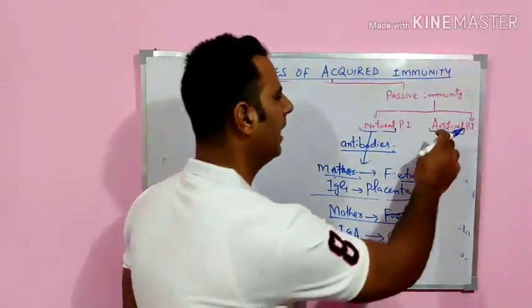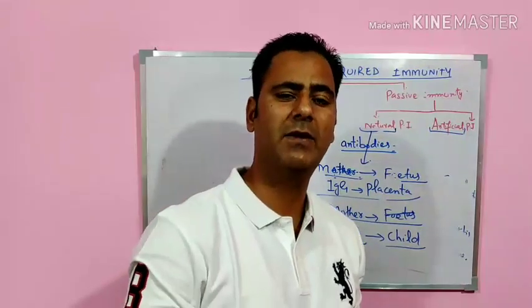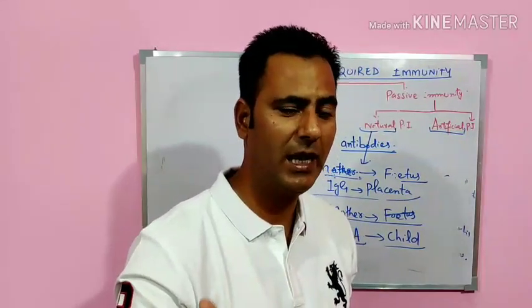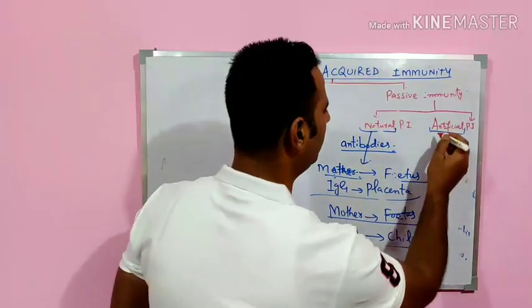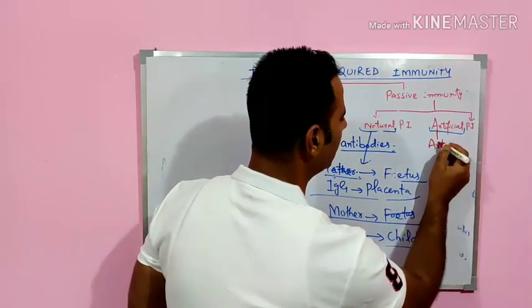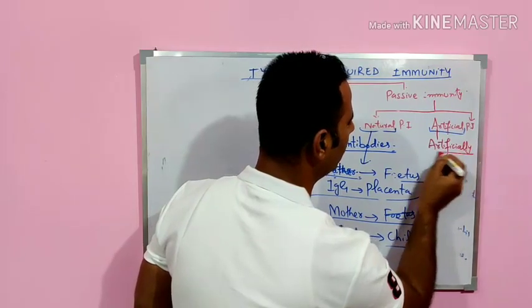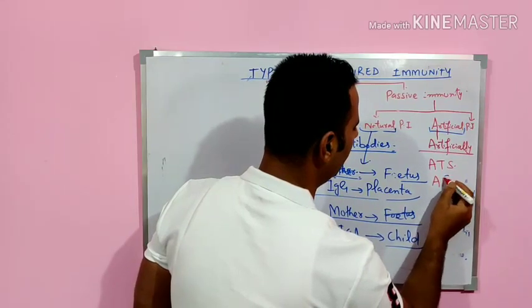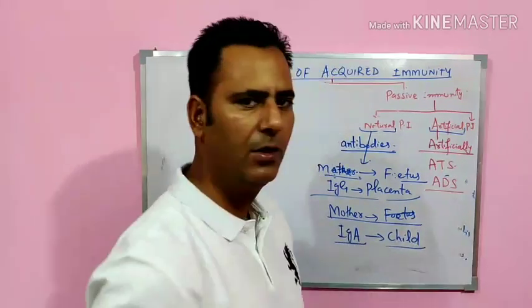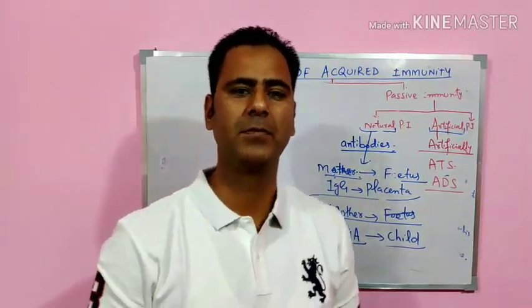And the last is artificial passive immunity. Again we are giving antibodies, but these antibodies are being given artificially. For example, ATS. What is ATS? Anti-tetanus serum.